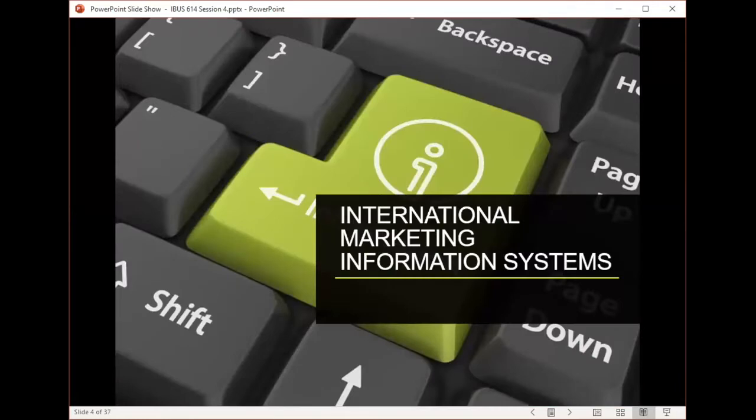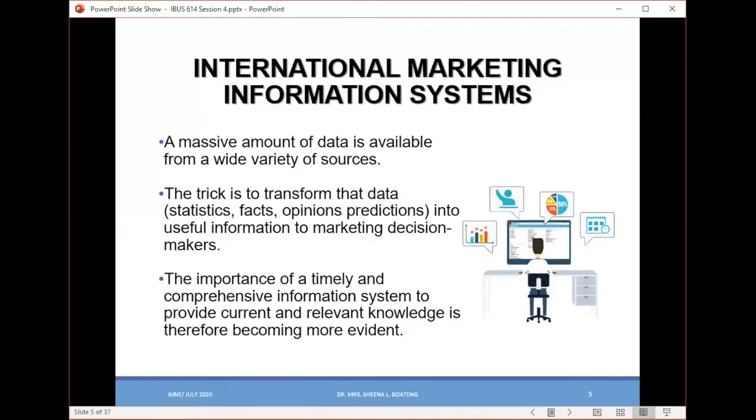We'll first start by discussing international marketing information systems. Under international marketing information systems, we are saying that there's a massive amount of data that is available from a variety of sources, which is accessible by different people, including individuals and organizations for various purposes, including decision making.